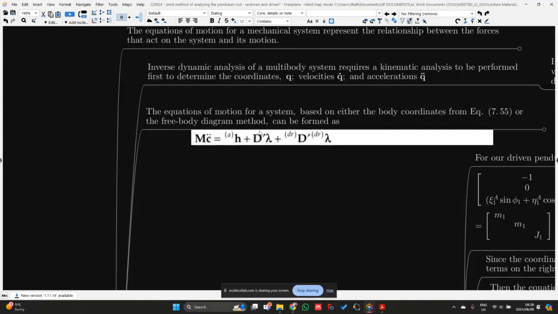And we just multiply that with D prime, which is our Jacobian matrix. And in addition to this, since we now have driver constraints, we also have to specify this term over here. In that case, we just consider the Jacobian matrix for the driver constraints multiplied by the lambda of the driver constraints as well. So the driver reaction forces, basically.